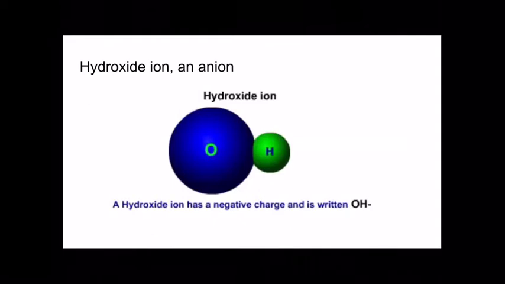Compared to the amount of pull that a single proton has, the oxygen nucleus can pull more strongly and keep the electron there. So you can think of this as a water molecule that's separated apart. On one side we have oxygen and hydrogen covalently bonded with an extra electron, so it has a negative charge. And then elsewhere we have that lost proton that is the hydrogen ion. Okay, so those two ions are very important when we talk about pH.